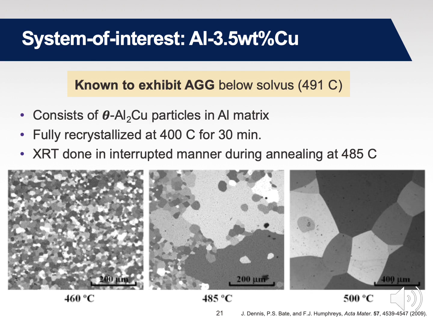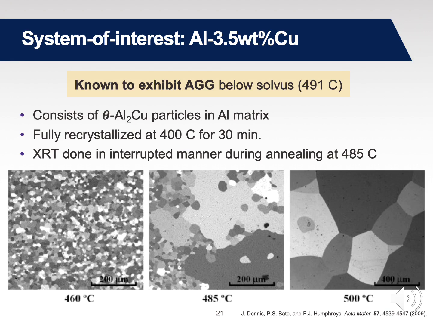We focus on growth due to capillarity, so the sample is fully recrystallized at 400 C for 30 minutes prior to our in situ experiment. And here too, one can easily identify the particles from the matrix owing to the copper constituent. And so we use absorption tomography to identify the particle positions, and again, diffraction tomography to identify the grain boundaries.